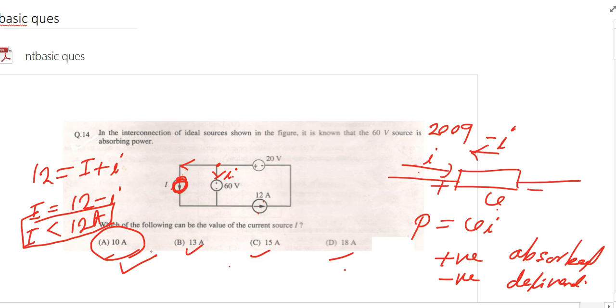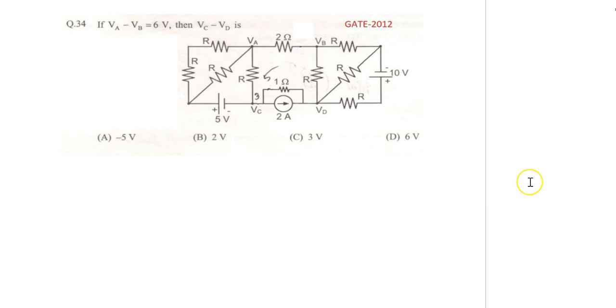We'll move to the next question. This is a GATE 2012 question. It has been given that VA minus VB is equal to 6 volt.